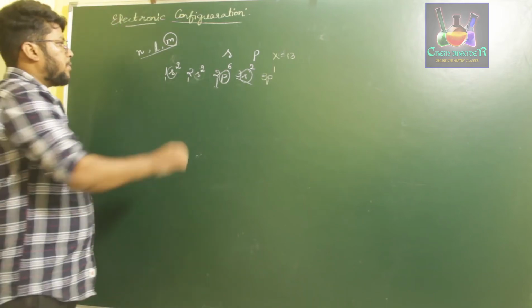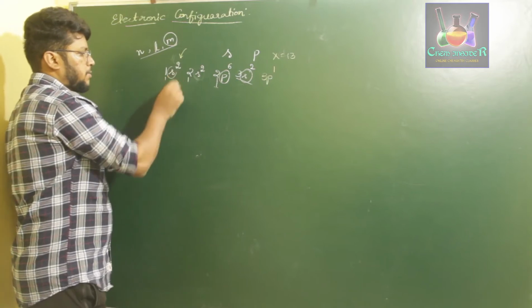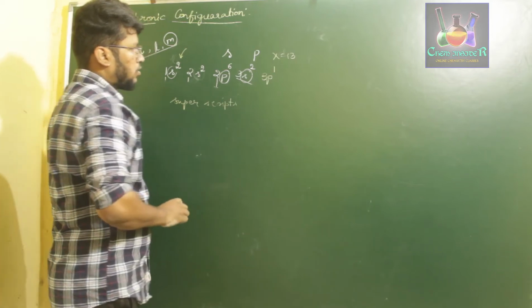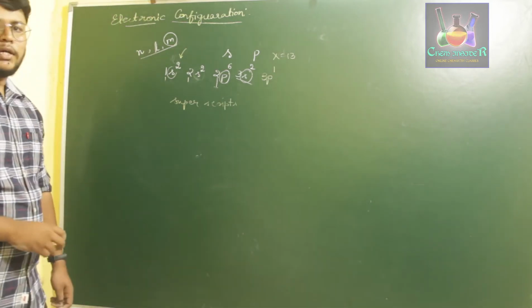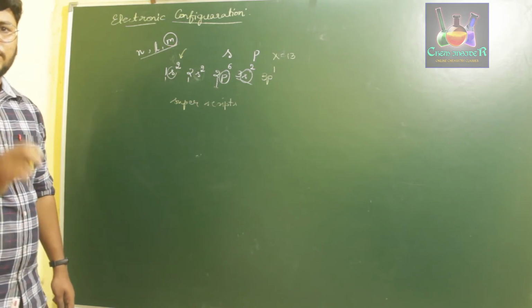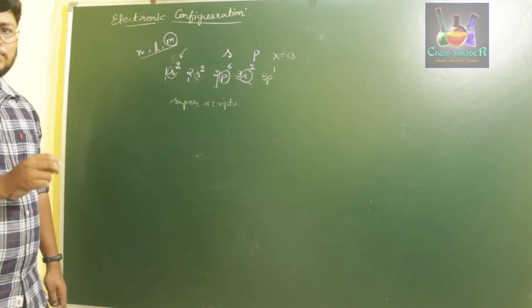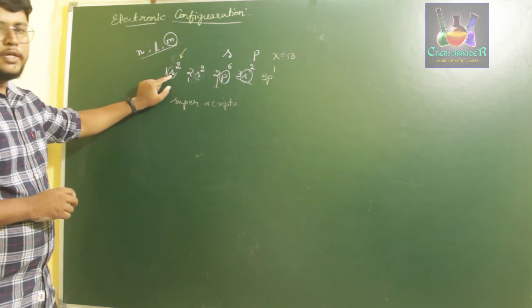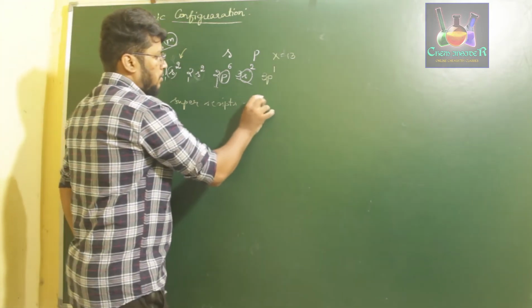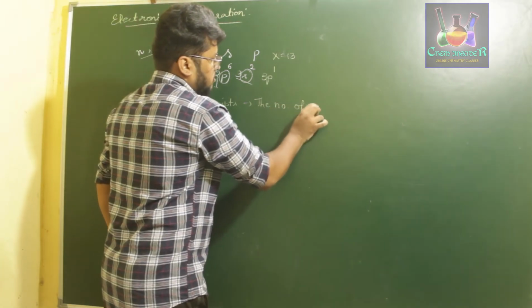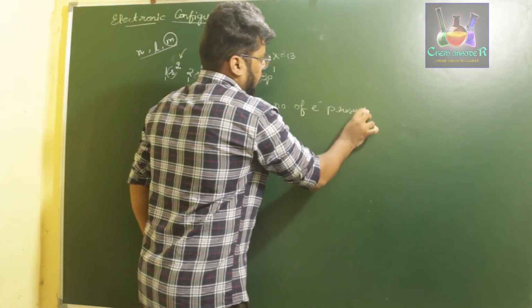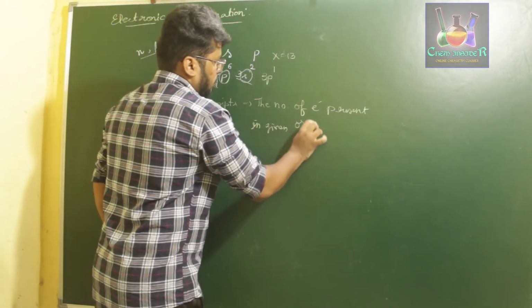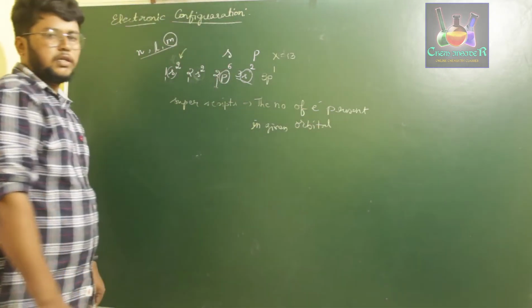The superscripts which I have written, that is 1, 2, 6 etc., are nothing but the total number of electrons present in the given orbital.